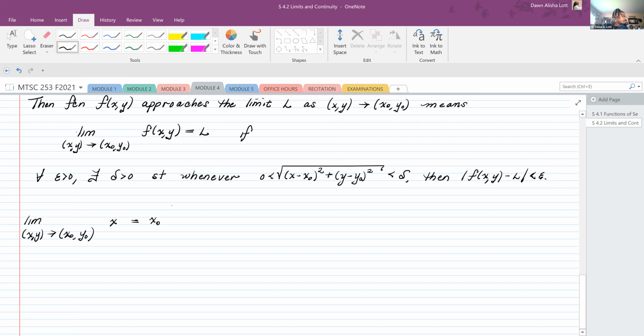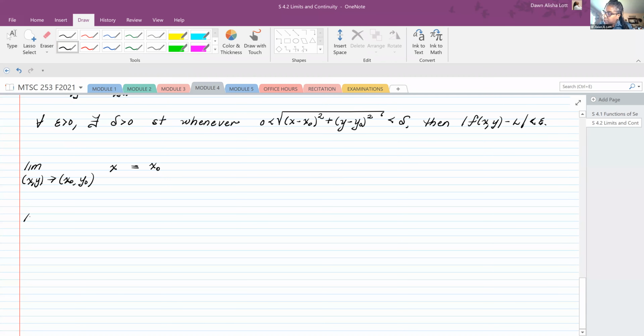Doesn't matter what y is going to, as long as x is going to x naught, that's the limit. The limit as (x, y) approaches (x naught, y naught) of y is y naught, okay?